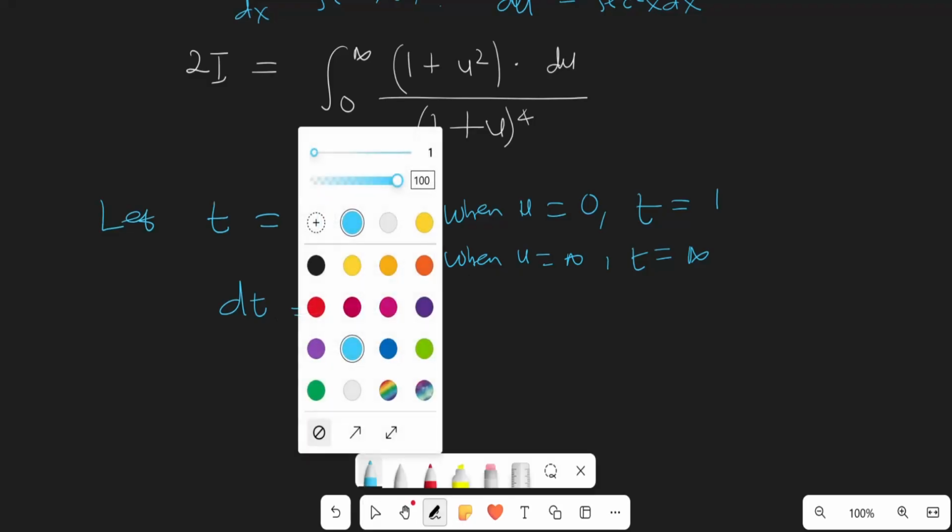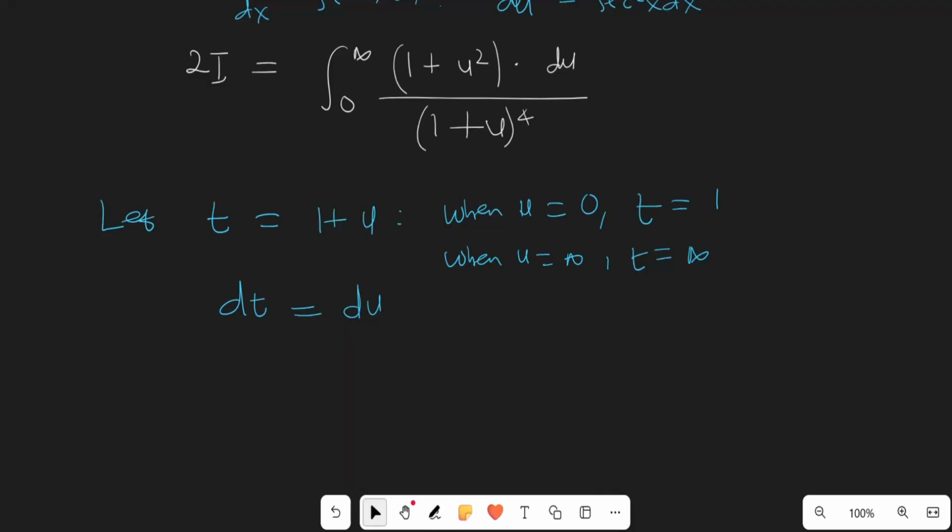So our integral in the t world will now become 2I is going to be the integral from 1 to infinity now of 1 plus u, where u is t minus 1, so that is 1 plus t minus 1 all squared, all over 1 plus u, which is t to the 4th, and du is equal to dt.